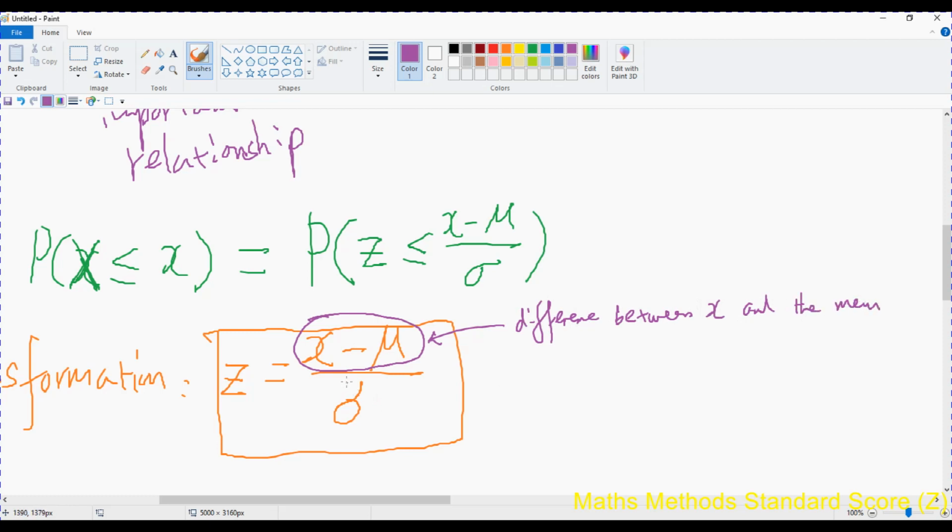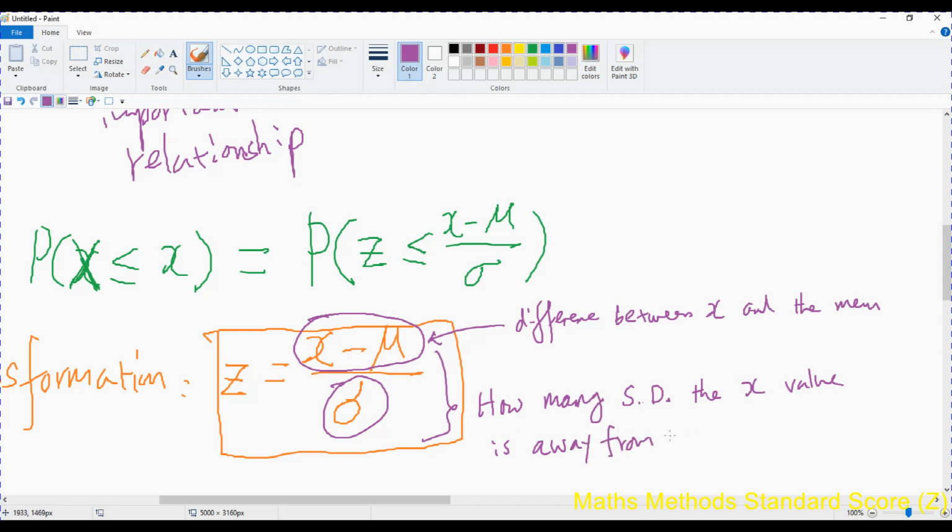And you divide by sigma. So overall, that means how many standard deviations the x value is away from its mean.